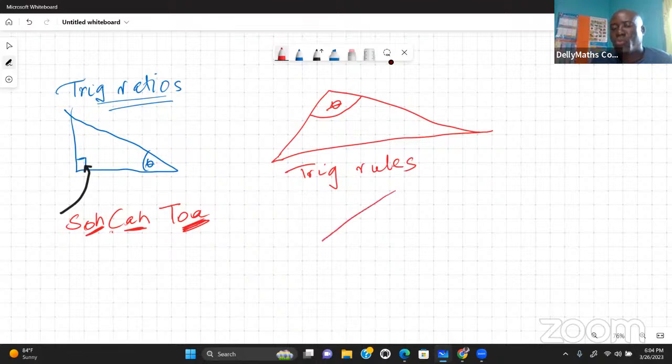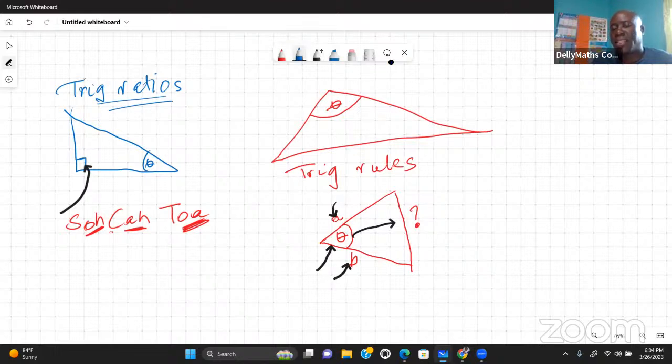So the cosine rule, and I must say that this one is used so much all over the place. Let us say that we have an angle in this corner, and we have a side a and a side b, and we are asked to find the side opposite to the angle. Whenever we have this case where we have an angle between two sides, and you want to find the side opposite to that angle, we want to use this.